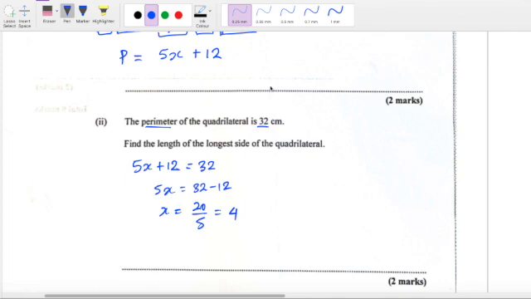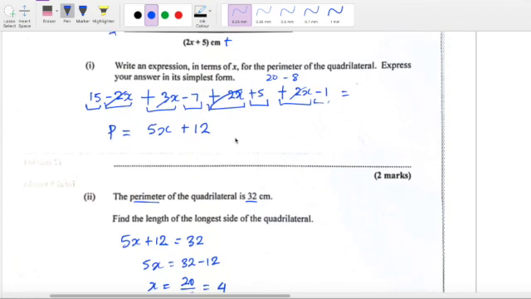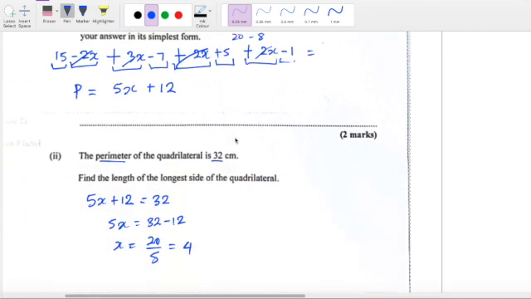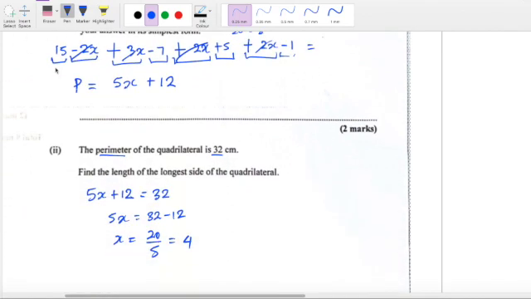So if x is 4, I have the four sides. Let's see what the four of them are. Look, they're here, right? So I have 15 minus 2x, and then I have 3x minus 7, 2x plus 5, and 2x minus 1.